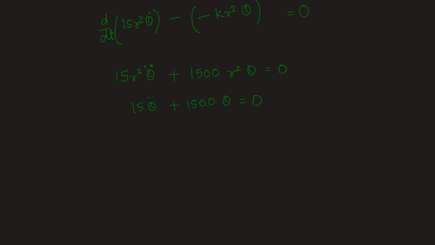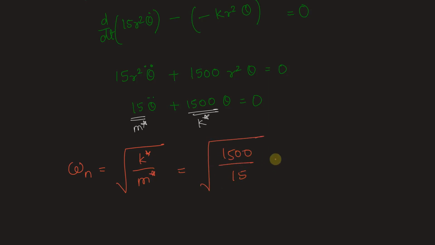So we have the mass equivalent term to be 15 and stiffness equivalent term to be 1500. Let them be m star and k star. Natural frequency of this system omega n is not the angular velocity of the pulley, but the natural frequency of the system given by root over k star by m star, which is equal to root over 1500 by 15, which gives us 100. Root over 100 is 10 radians per second.